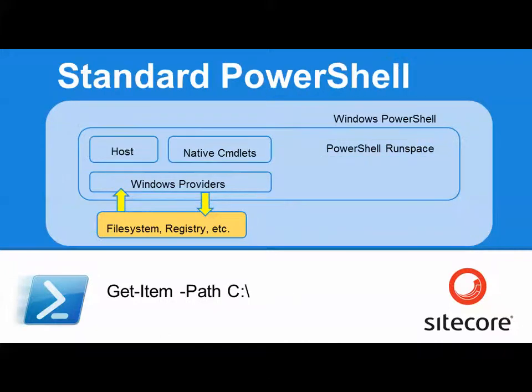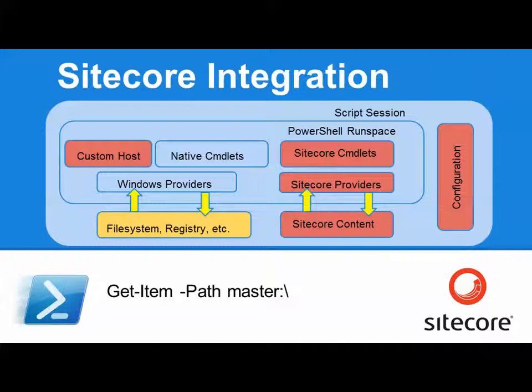If you imagine using Get-Item and the provider you're working with is the file system provider, you would connect with the C drive, the D drive, whatever. In Sitecore, with the Sitecore provider, you can connect to what they call the master database, the core database, or the web database.